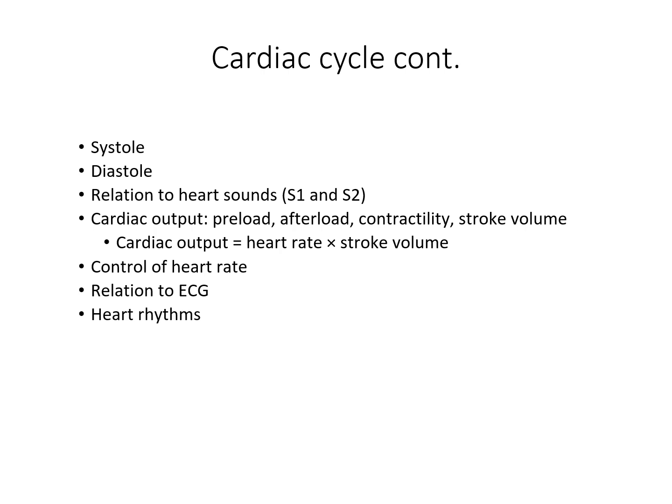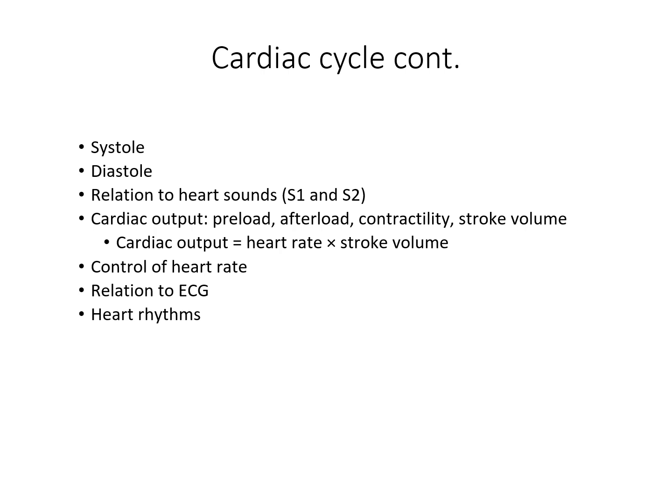Afterload is the resistance the heart has to pump against. So we have to think about afterload as the pressure that the heart is pushing against. And then contractility, which is the strength of contraction each time the heart is pumping. So we're asking ourselves, is the heart filling enough? Is it pumping effectively? And is it working against too much resistance?